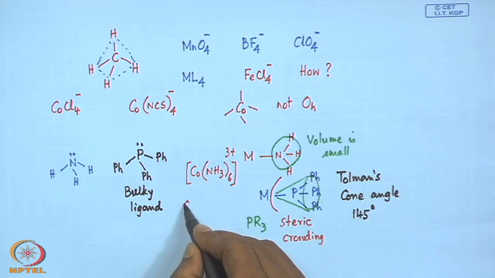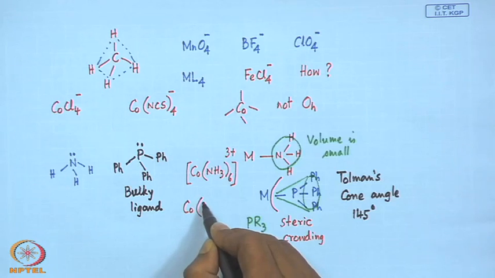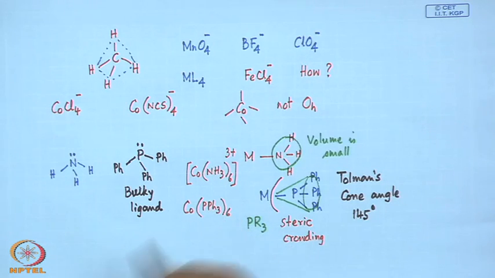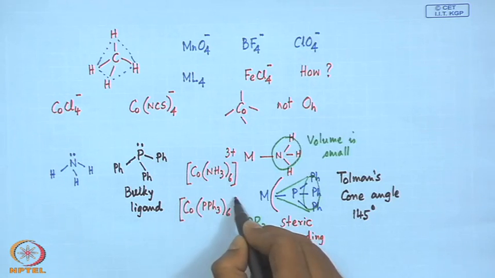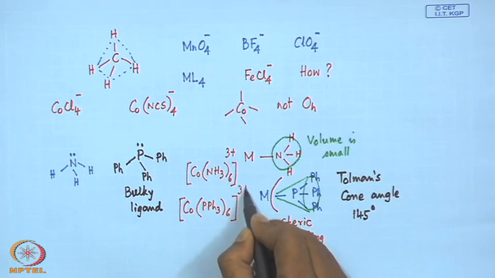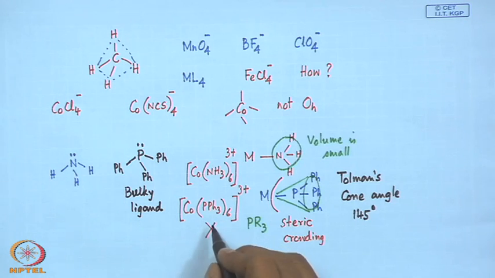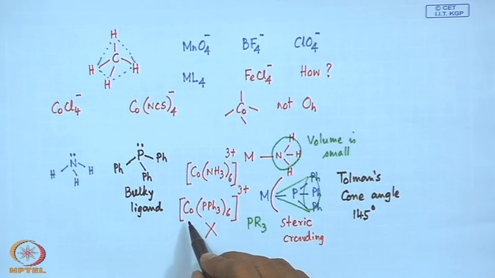That means, we cannot have a Co(PPh3)6 complex in our hand, similar to that particular ammine, because the steric crowding would be more, and we will not end up with any situation where 6 phosphine ligands can go and cover this particular cobalt center systematically for an octahedral geometry.